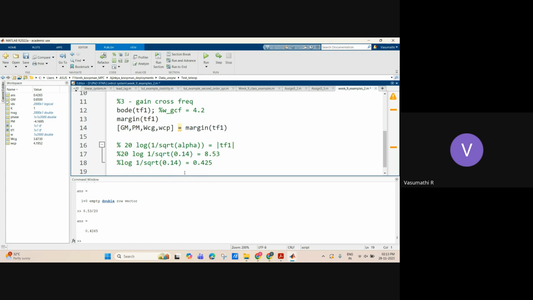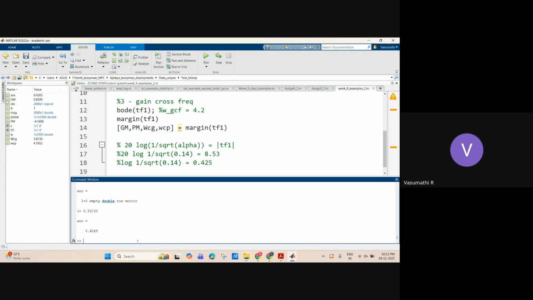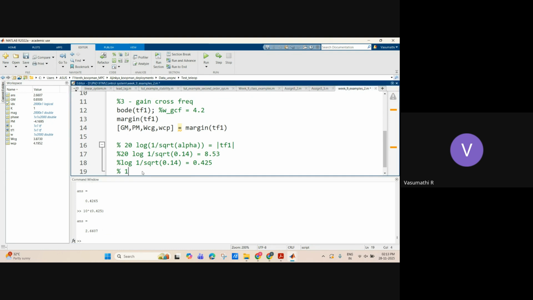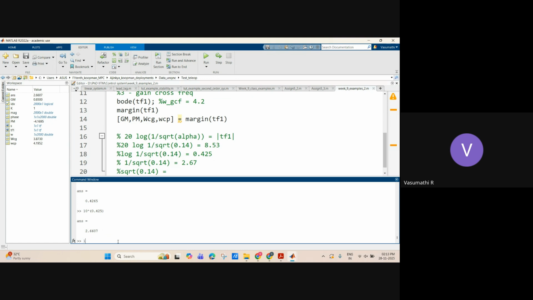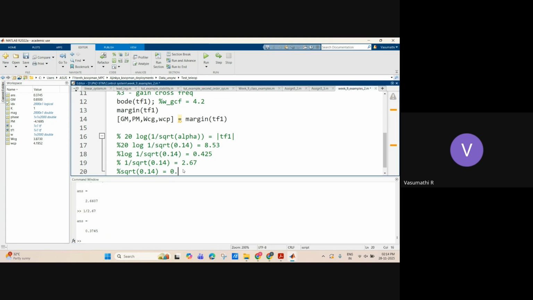Now I have to find 10 power 0.425, to get rid of the log. 1 by sqrt of 0.14 is equal to 2.67. Then sqrt of 0.14 is equal to 1 by 2.67, taking the inverse, 0.3745.